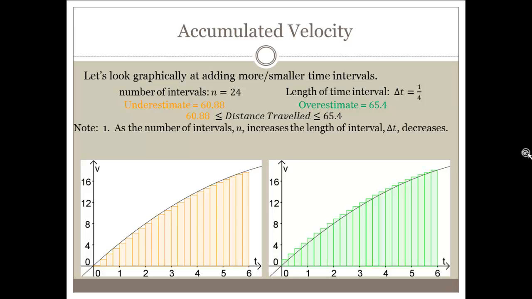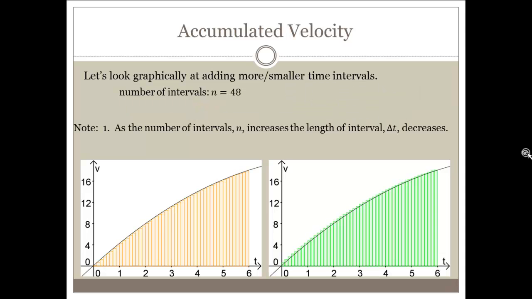To make this even better, we increase the number of intervals again, this time to 48, making the length of each interval only 1/8 of a second. Again, we did not calculate the over and under estimates, but we can visualize them. The underestimate can be visualized as the area of all the orange rectangles, while the overestimate can be visualized as the area of all the green rectangles.